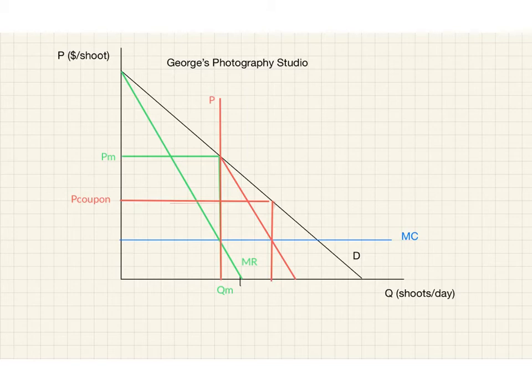So I'm going to just label that QM prime, the new output that includes both the full price payers and the low price. And if we wanted to identify just the quantity of coupon sales, it would be that little short segment in red.